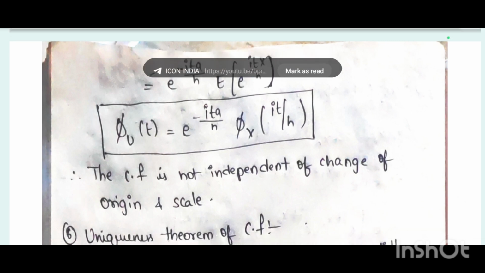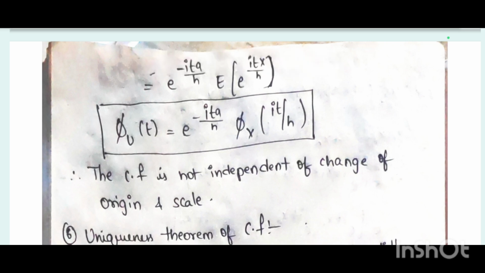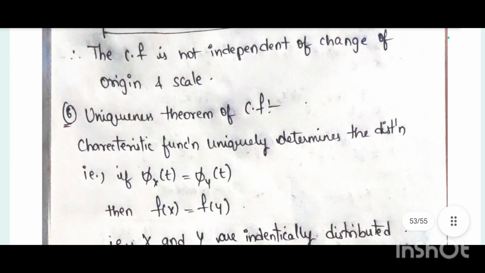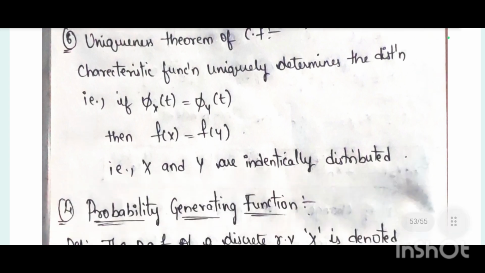So here the CF is independent of change of origin but not of scale. Next, the uniqueness theorem is also the same.